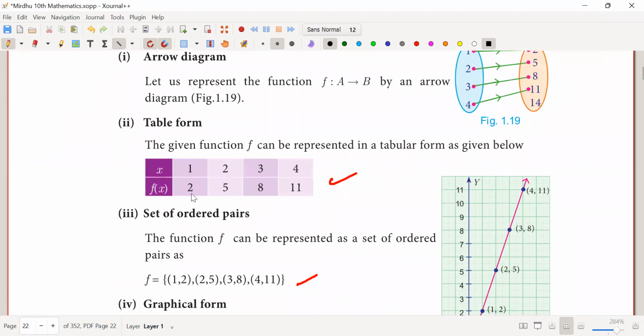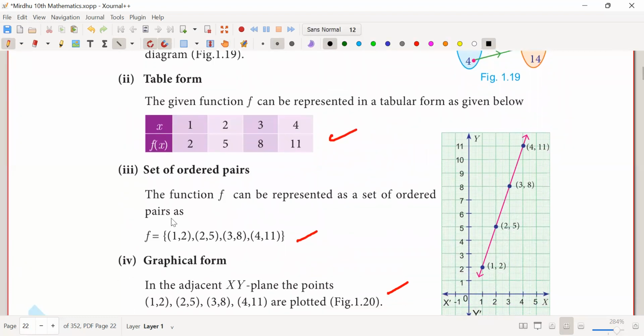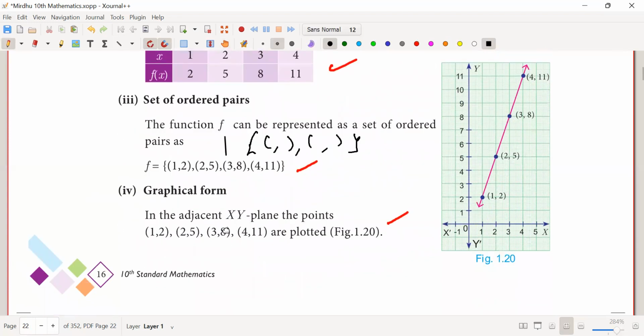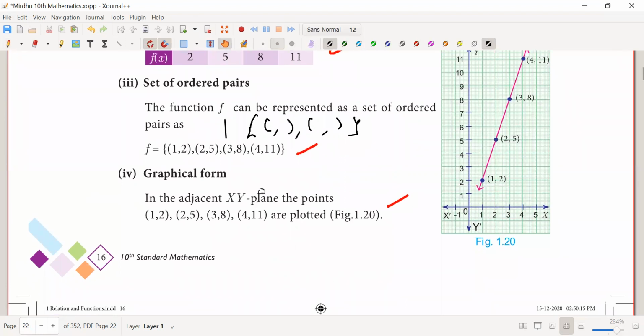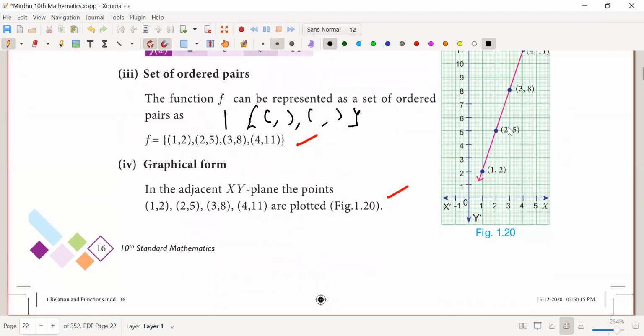Tabular column: for 1, f of x is 2; for 2, it is 5. Set of ordered pairs: it should definitely be inside a set, a set of ordered pairs. Then graphical form. In graphical form, we will plot the points.